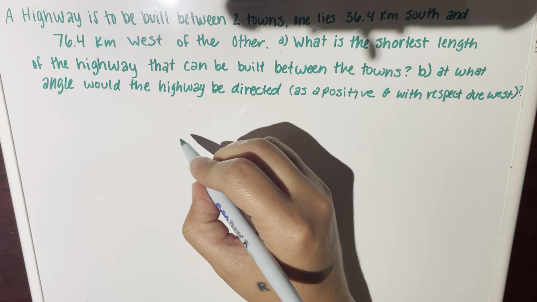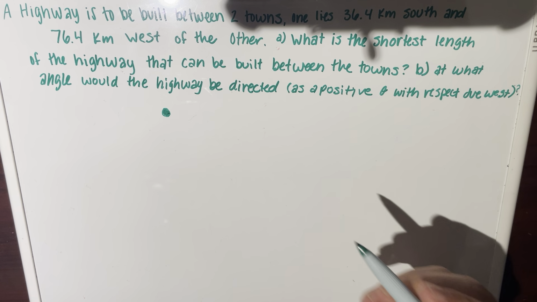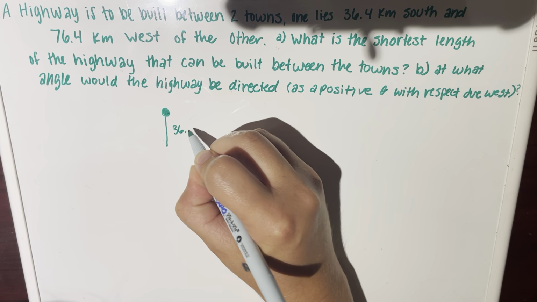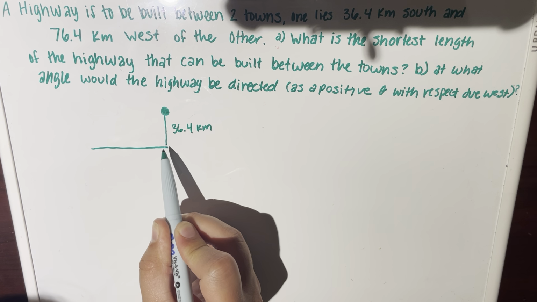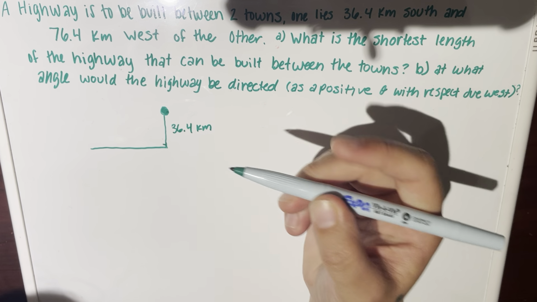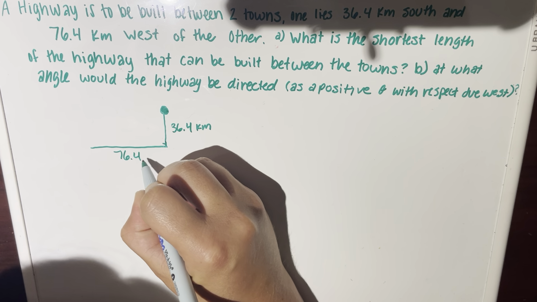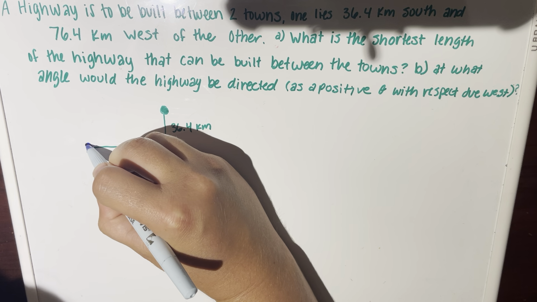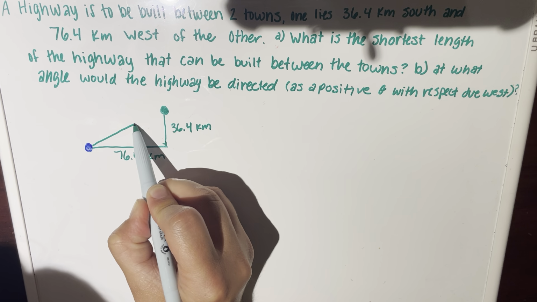So if the first town is here, we're going to go down south 36.4 kilometers, and we're going to go to the west 76.4 kilometers to town 2, which is going to leave us with a nice little triangle.